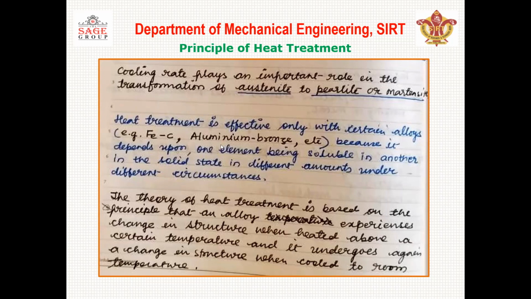So for such alloys, we can recommend the heat treatment process, because it depends upon one element being soluble in another in the solid state. So the solid state is very important: one element being soluble in another in the solid state in different amounts under different circumstances.